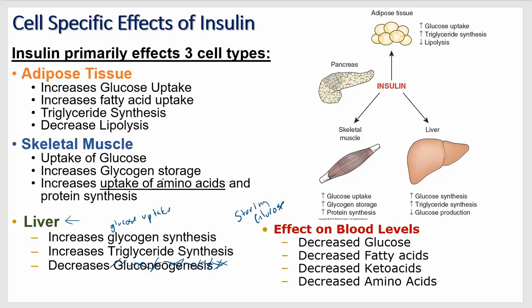And of course, that's going to have an effect on the blood level. All of these things, moving this glucose in, is going to have the big one, the main one that we monitor, the main one that we're concerned about for our patients, and that is it's going to cause a decrease in glucose. But it's also going to decrease fatty acids. It's going to decrease these keto acids. You don't need the keto acids when you have an abundance of nutrients, and it decreases those amino acids that are in the blood.